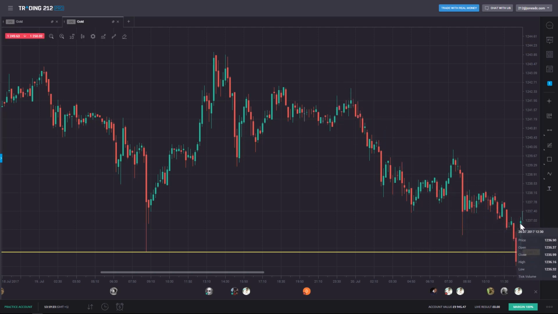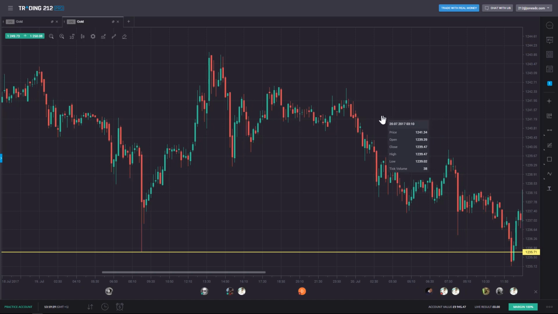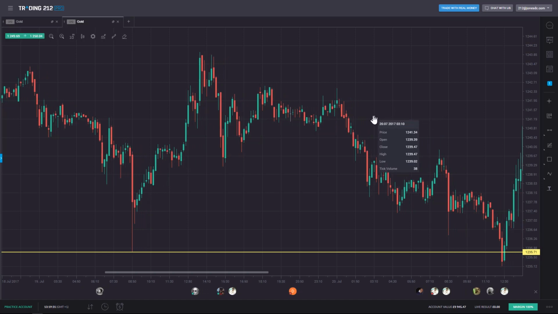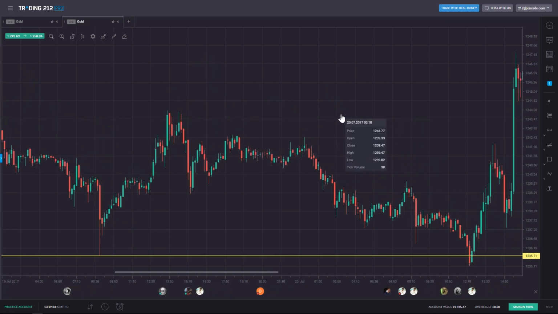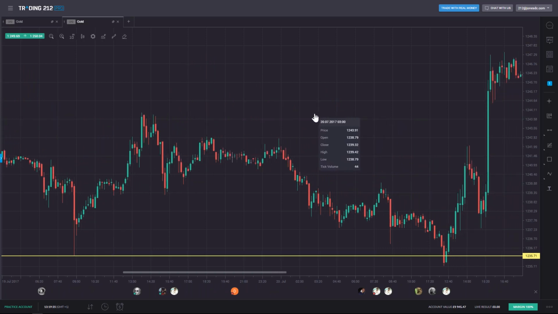So this would have been on the 20th of July, around about 1 o'clock, where we would have got in with our stop the other side of that low. The market goes a little bit sideways, then starts to rally, and then really rockets ahead. So you can see just how these false breakouts, if the market does end up recovering, can set up low risk and potential high reward opportunities.